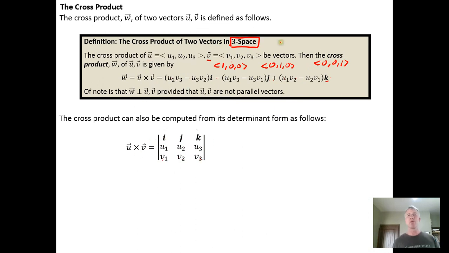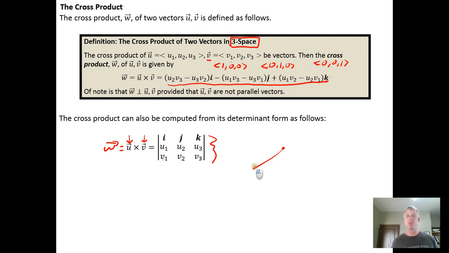So what we really need to remember isn't this expression here. We need to remember that to do u cross v, we just need to calculate this determinant. And there's going to be a couple things that come out of this. One, we're going to discover that as long as u and v are non-zero and not parallel, when we take the cross product of u and v, the result that we get, which we'll call the vector w, will be perpendicular to both the vector u and v.